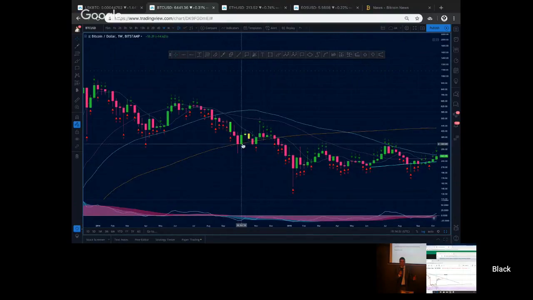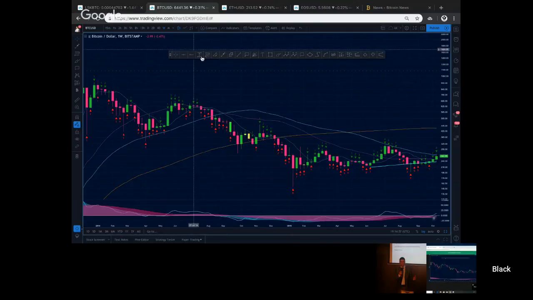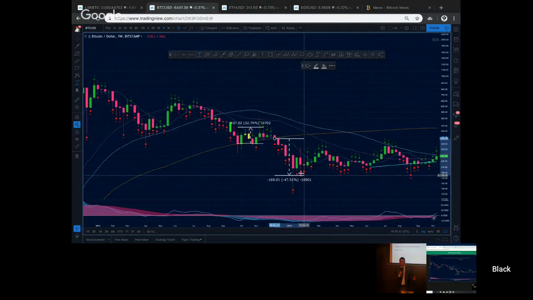We're near this line, and when the price touched this line, there was a good rebound from this moving average. It was about a 30% move from this moving average, but eventually the price broke this moving average and went down.